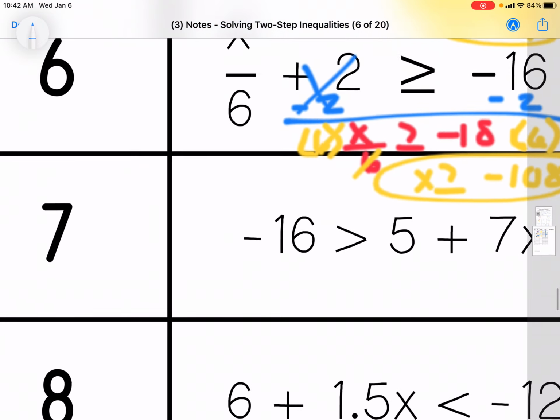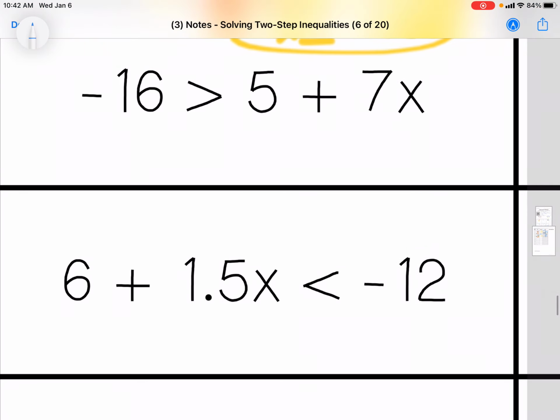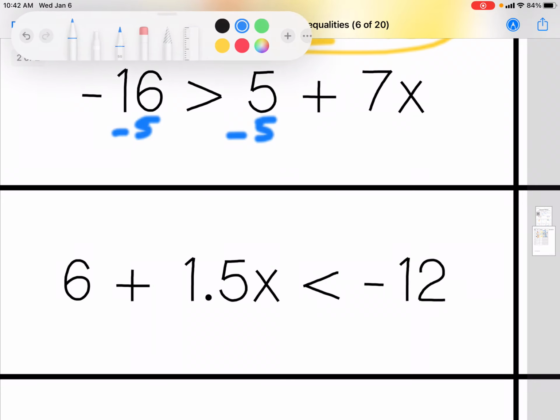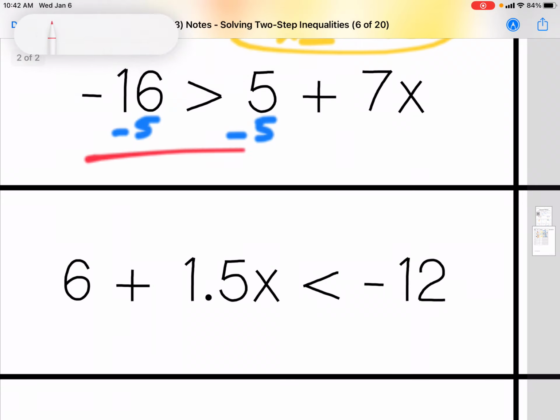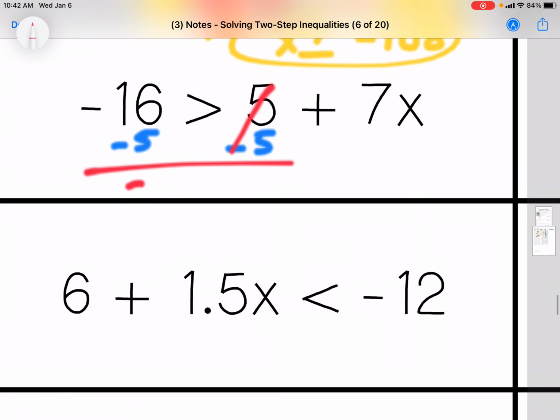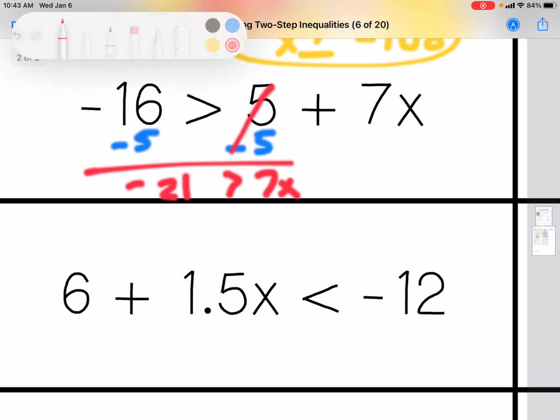All right, number 7. Subtract 5 from both sides. You're going to get negative 21 is greater than 7x. Divide by 7.